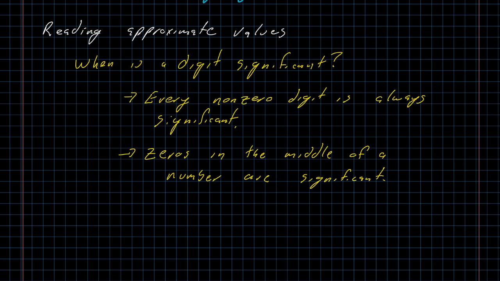So if I have something like 5.607 inches, the zero is in the middle of the number and is significant. This number has 4 significant figures and is precise to the nearest thousandth of an inch.